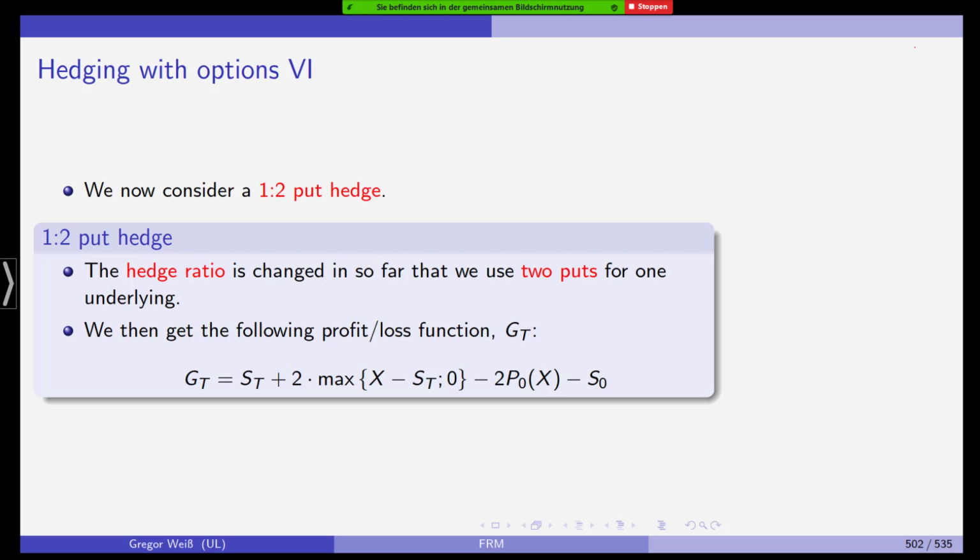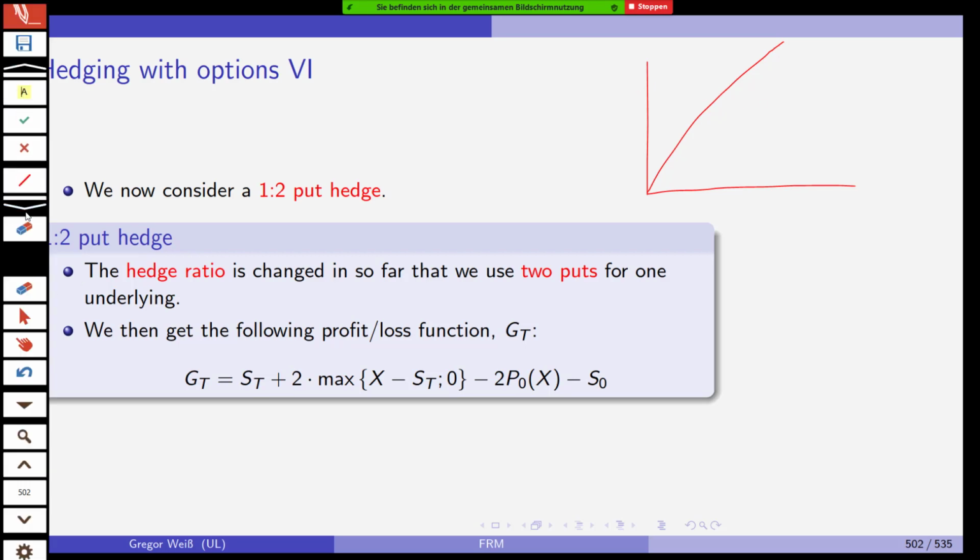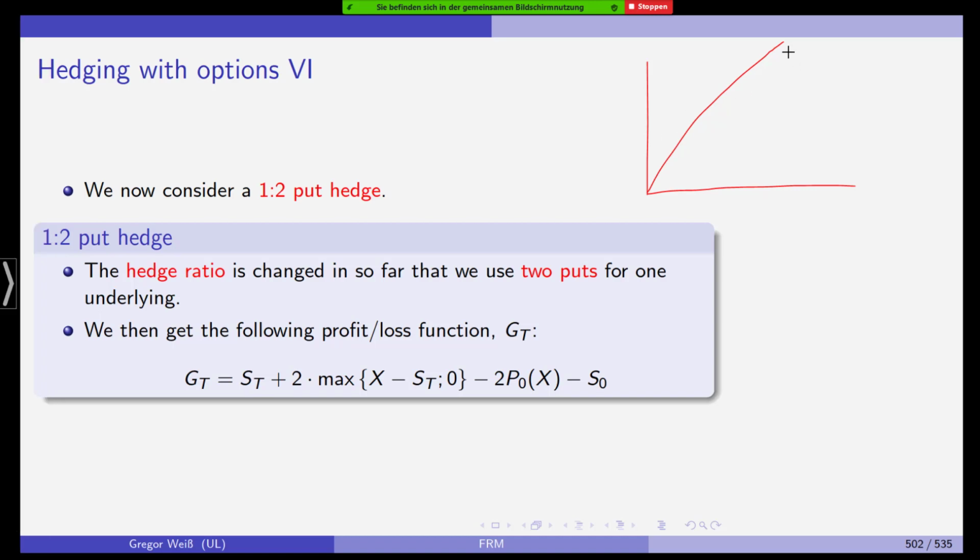Actually what happens is, and I can make this short, we've seen that if this is the linear asset, well, it should be a linear function, sorry, what happens is that with a 1-to-1 put hedge, we have some costs and we get this hedging effect.